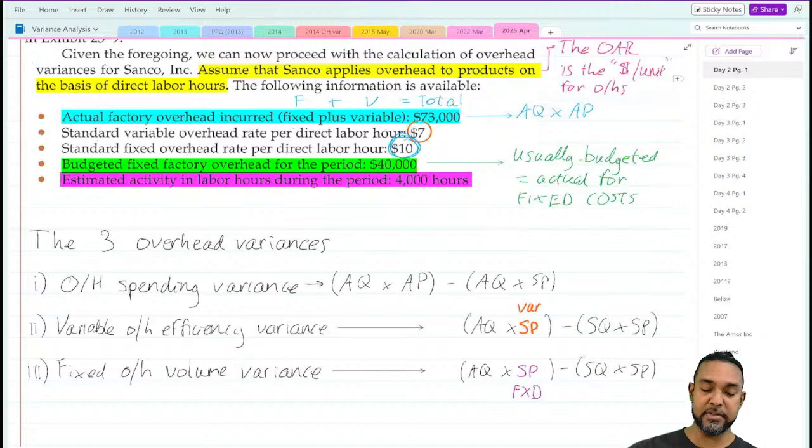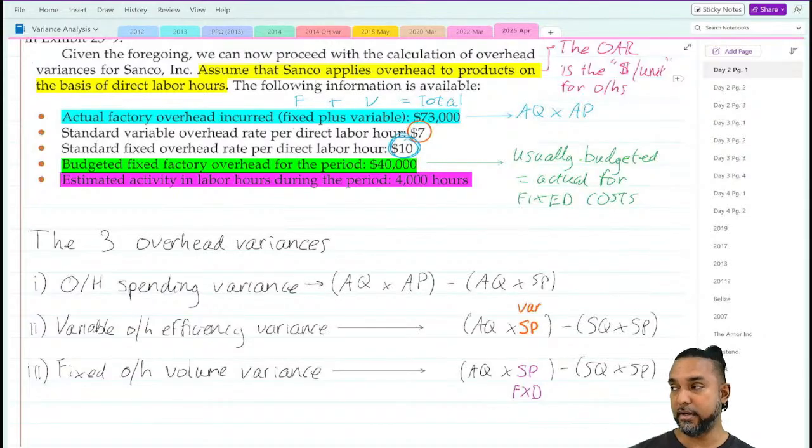So for the spending variance, we're looking at the actual versus what we should have. The item in blue in the first bullet point has the actual factory overhead incurred, fixed plus variable, 73. And a couple of bullets below in green, the budgeted fixed factory overhead is $40,000.